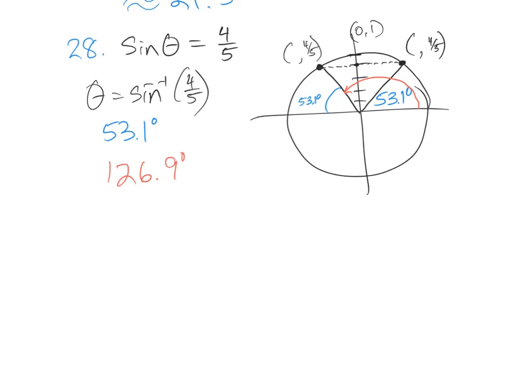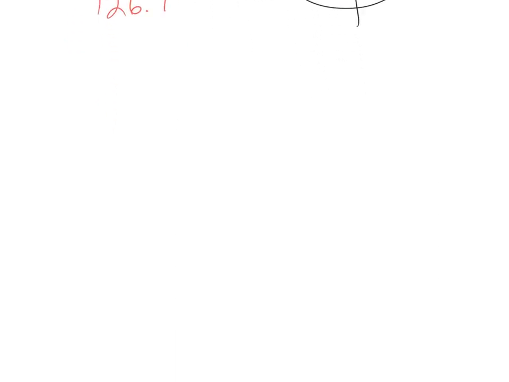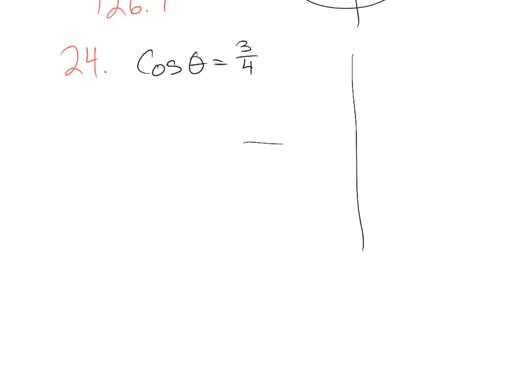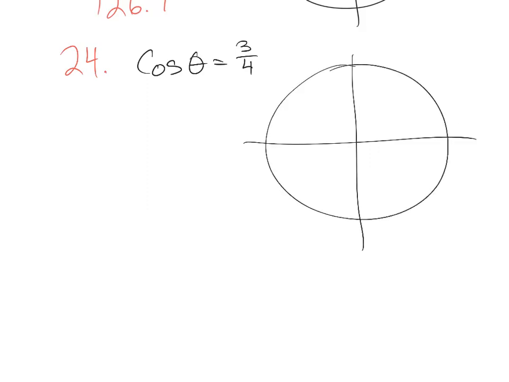Let's do 24. Cosine of theta is 3/4. Again, I'll draw a visual part up here for you. Cosine is 1 there. We're in fourths, so 1, 2, 3, 4. 3/4 is here.